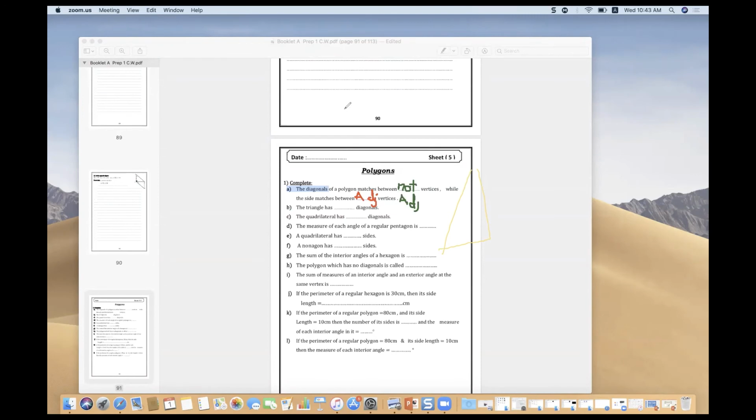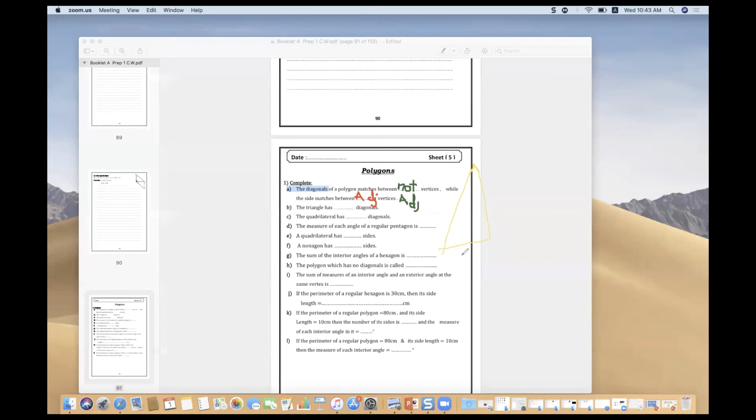And the diagonal matches between two non-adjacent vertices. What does that mean? This is a vertex, vertex, vertex, okay? I have here 3 vertices. The diagonal joins between 2 vertices but they are not adjacent, meaning not next to each other. Try to join between 2 vertices that are not next to each other. Unfortunately they are all next to each other, Ms. Rahab.